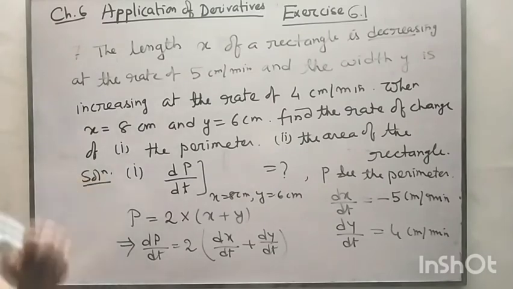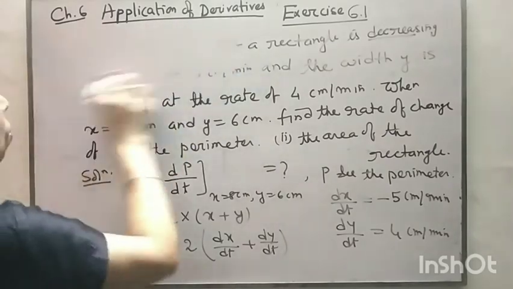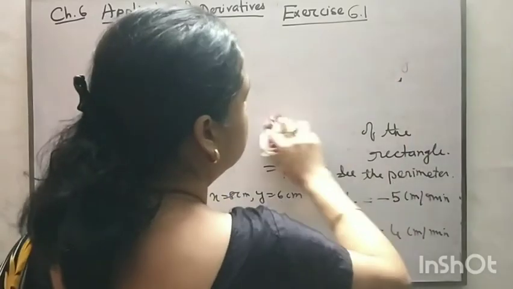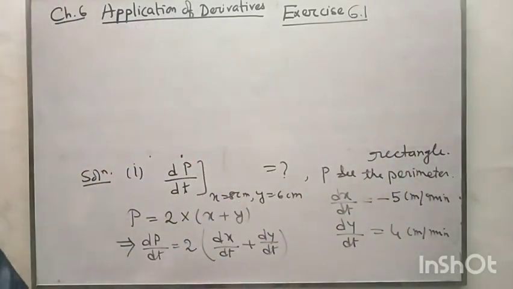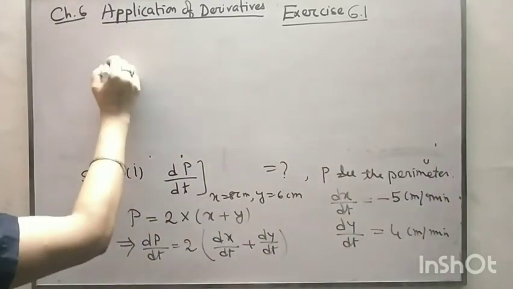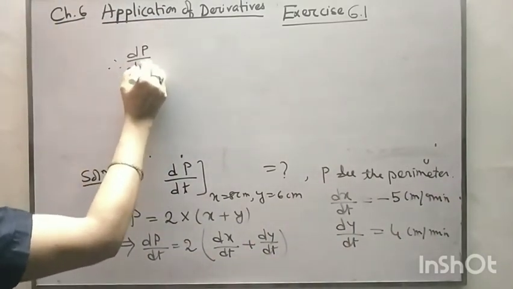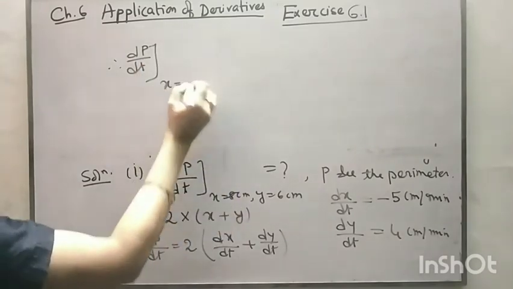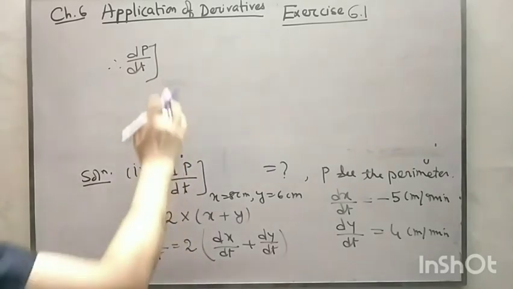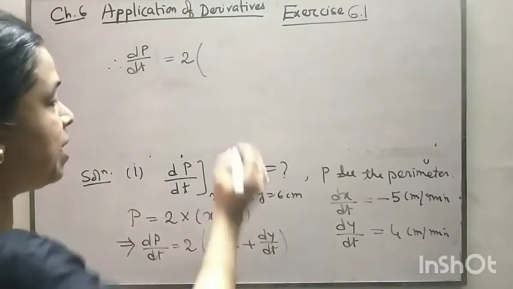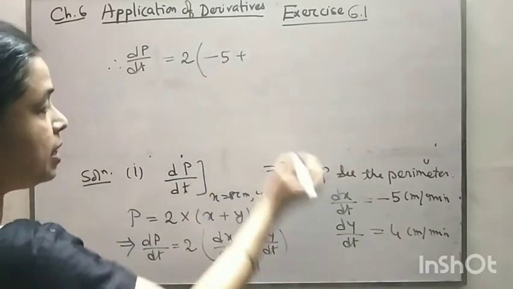I just wrapped the question because there is no space on the board. Now I'm going to write down what is dP/dt. First you have to put the values. You have 2 into dx/dt. What is the value of dx/dt? It's minus 5, and dy/dt is plus 4.